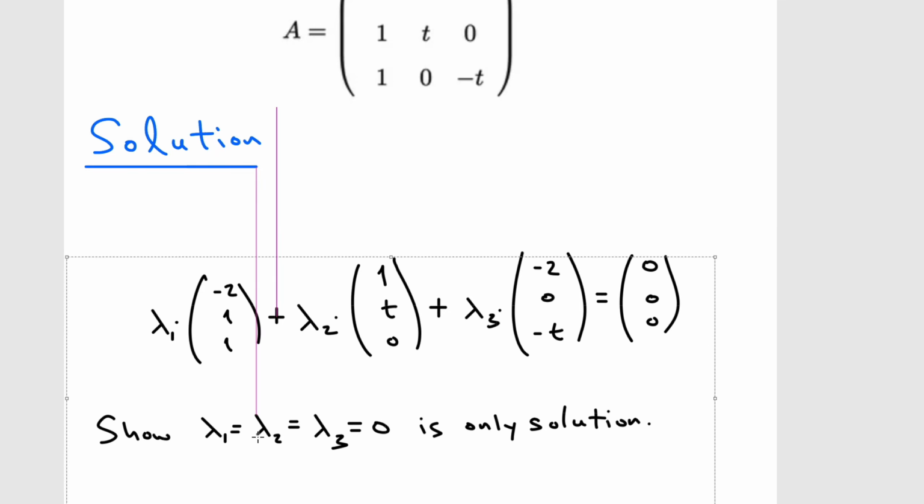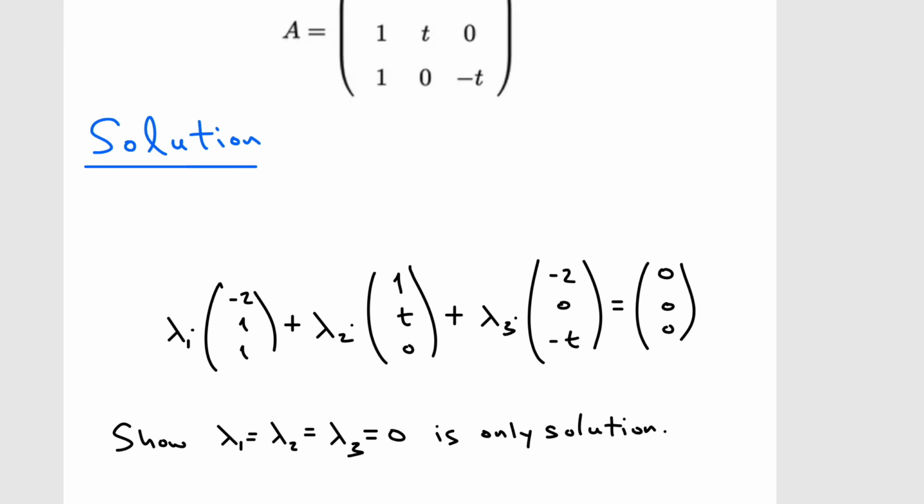What I just wrote is linear independence. Okay, so this is the definition of linear independence: that there's only one solution to this equation, which is trivial.